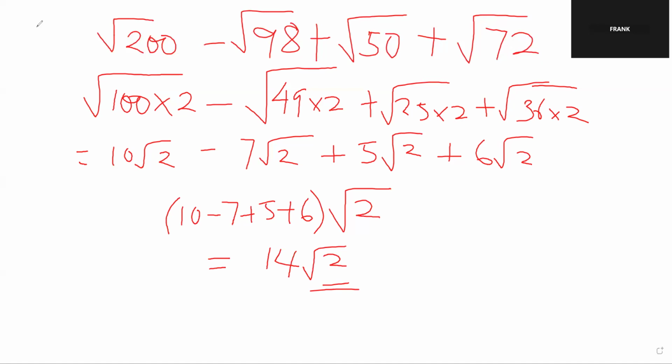So in a nutshell, if you want to add or subtract sets, the sets must be like sets. What are like sets? Like sets have the same numbers in the square roots. And sometimes if they are not the same in the square root and they are reducible sets, don't be in a hurry to say they are unlike sets.